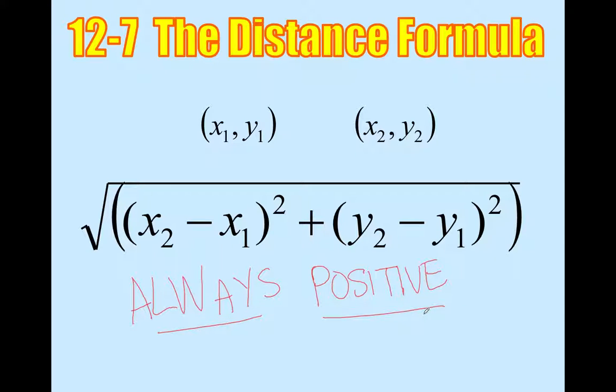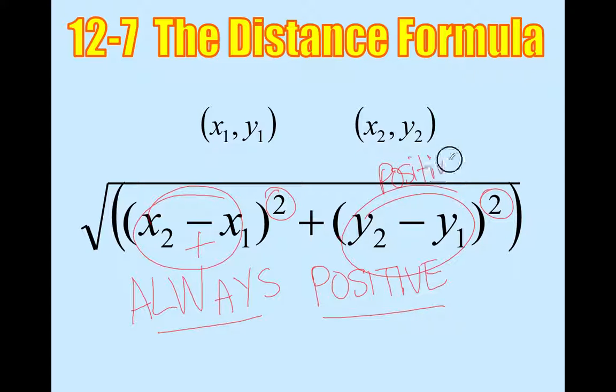So when you go through this process, plugging in what you have, simplifying it, all of that, if your answer comes out to be negative under this square root, you didn't do something right. The reason it should never come out negative is that no matter what happens in here, when I square it, it's going to be a positive answer. No matter what happens in here, when I square it, it's going to come out positive. That's what you have to keep in mind. So let's move on.